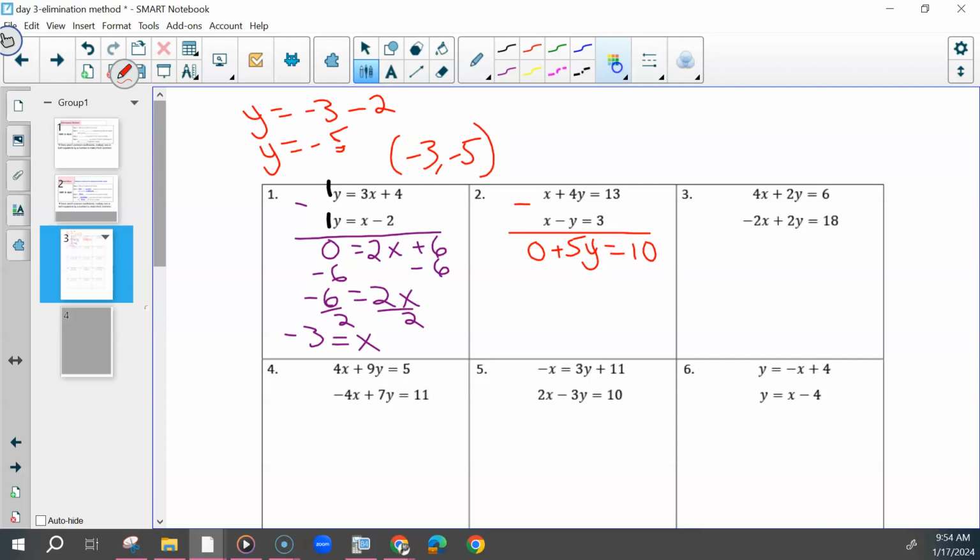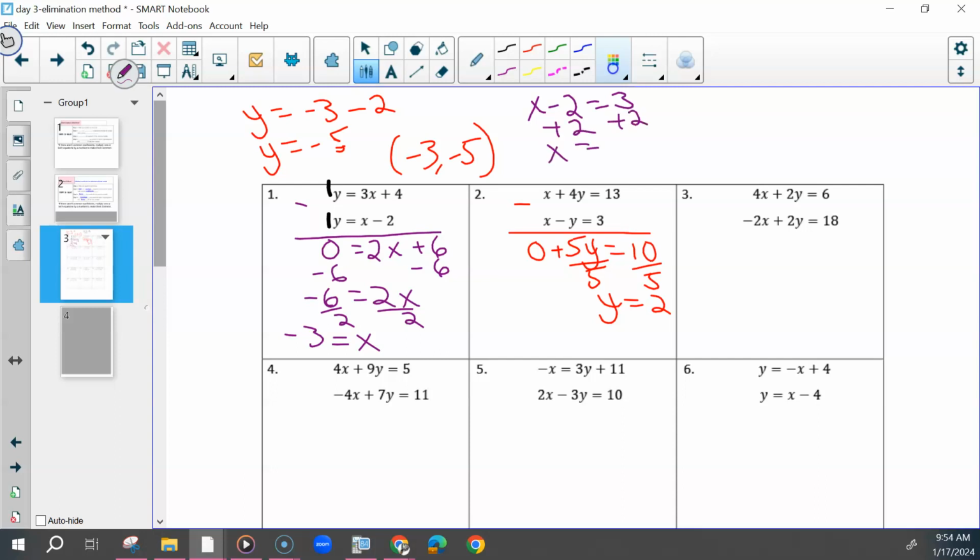Then you could divide, solve for y. And then do the same thing we just did. Take y, put it into one of the equations, it does not matter which one, and solve for x. So let's say I'm using the second one. X minus 2 equals 3.